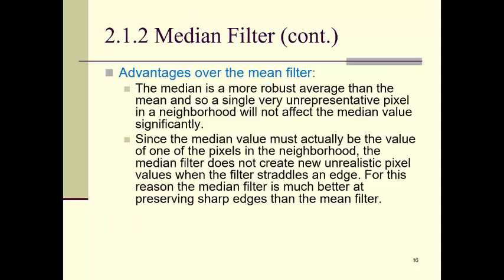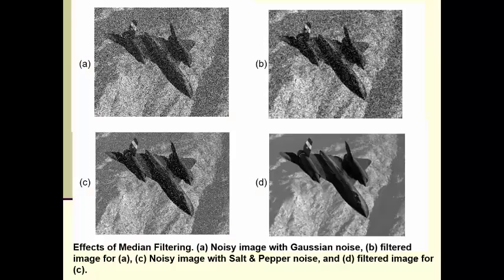Let's look at the images here. Again, this is image A. Here in this image we have added a noise according to the Gaussian distribution. Okay? And in image C, the noise that is added is salt and pepper. Okay?